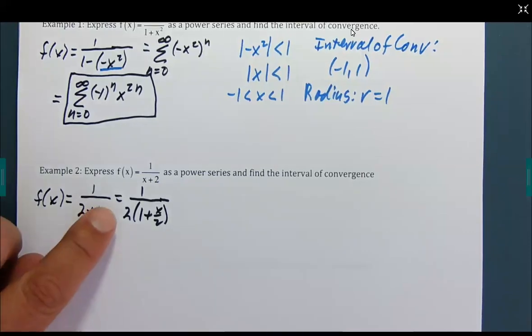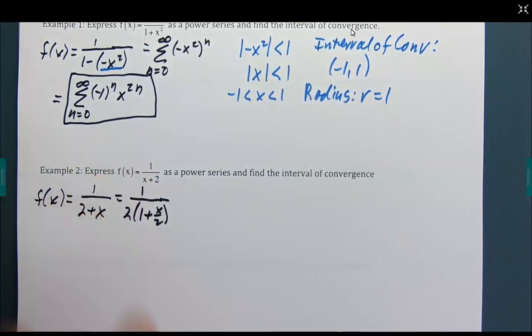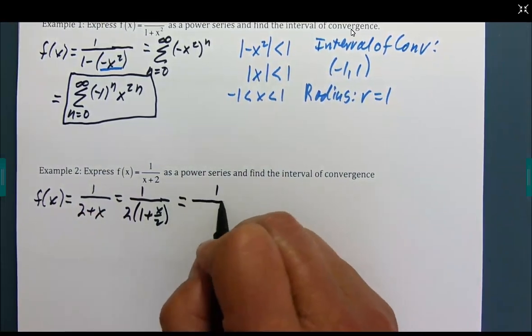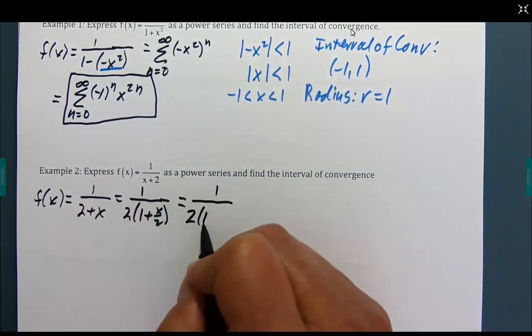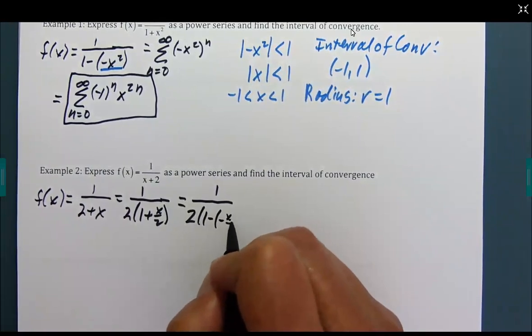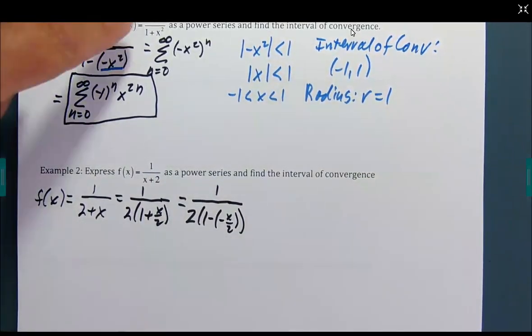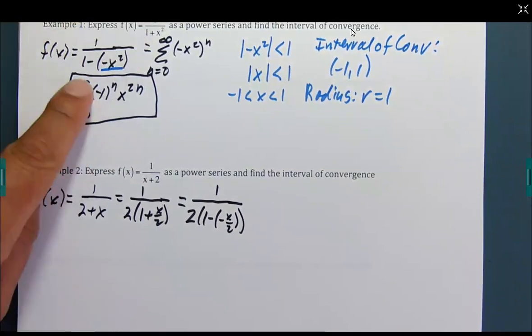So now I do have that 1 with an extra 1/2 on the outside. I'll get to that. We can further rewrite this. Whenever we have a plus in between, like we did up here, we're going to have to do that minus trick.